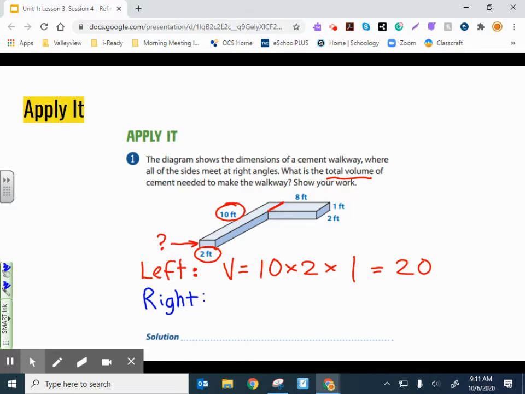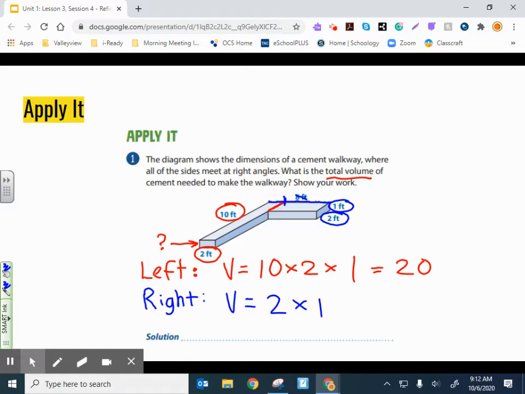Let's see what we know for the right. We know this measurement is 2, and we know this is 1, so we know at least 2 times 1. Now, here's where it gets tricky sometimes. This whole side here is 8, which I just highlighted in blue. But we can't use that, since all this part right here has already been used by the left-hand side, this 2 foot.